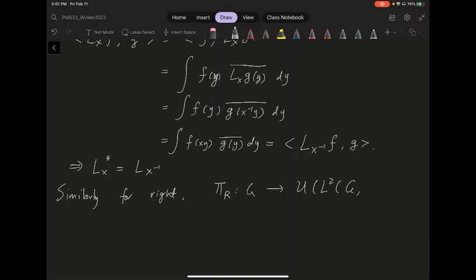But remember, the whole reason this works is that we're integrating against the left Haar measure. If you want to do the right, we need to take the L2 space with respect to the right Haar measure instead of the left. So essentially you do the same: you map x to Rx.